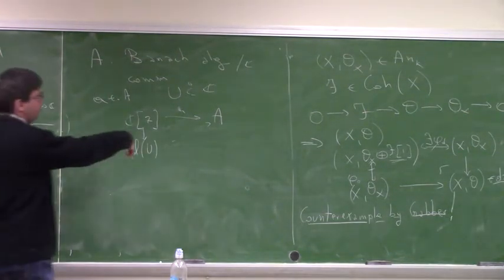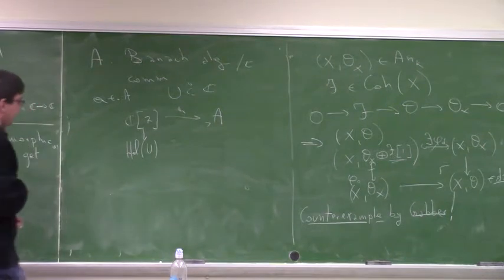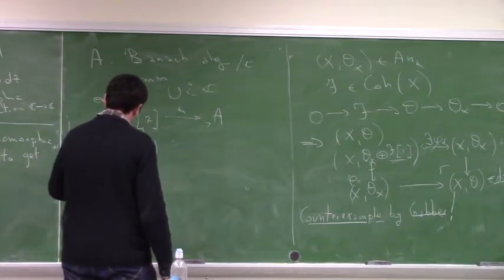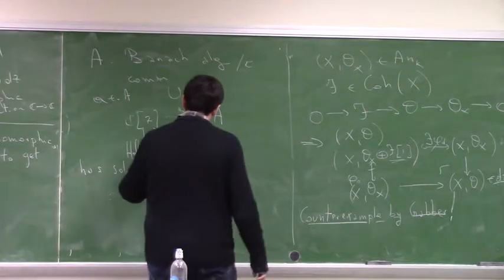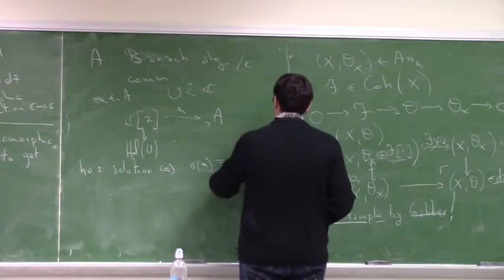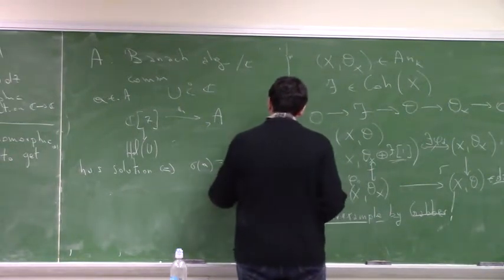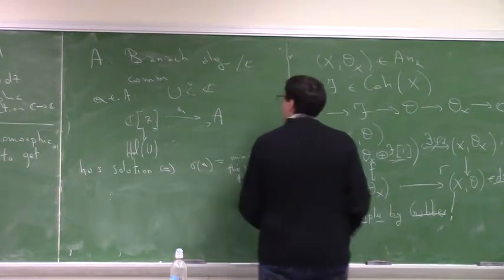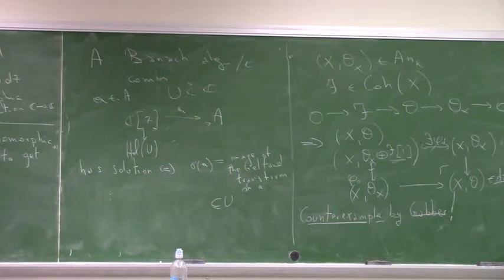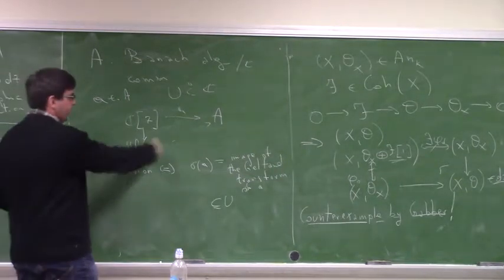The datum of such a lifting is what is called the holomorphic functional calculus relative to U. And this problem has a solution, in which case it is unique, if and only if the spectrum of a, which can be thought of as the image of the Gelfand transform of a, is contained in U. So this question makes sense even when A is not Banach, in which case we have to give axiomatically the datum of such liftings.